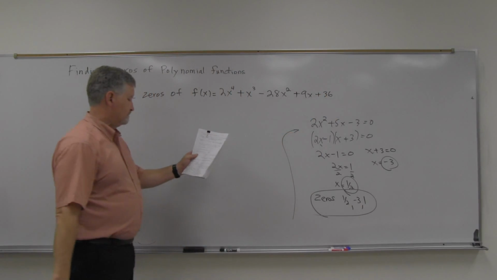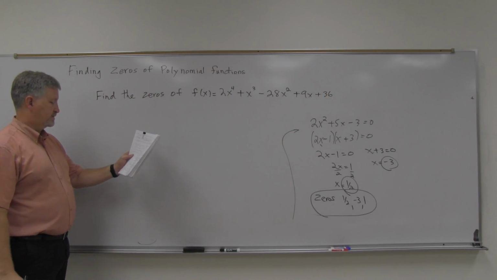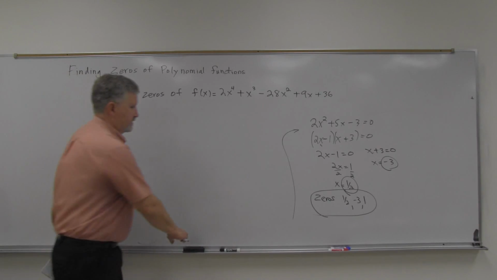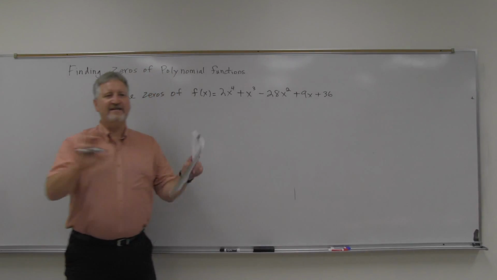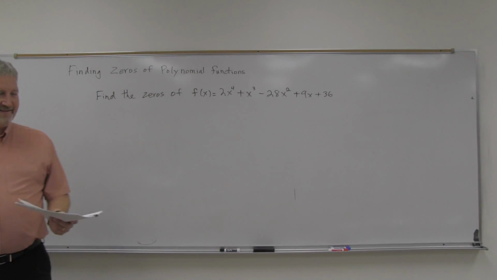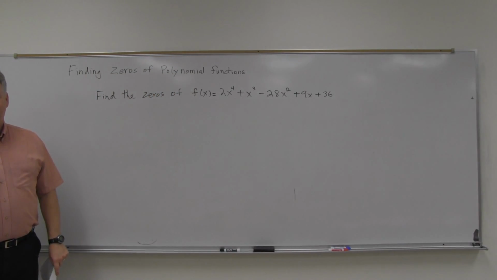Make sure that's right: 2x to the 4th plus x cubed minus 28x squared. Okay. Find the zeros. So we're not given anything to check. We have to come up with that on our own.